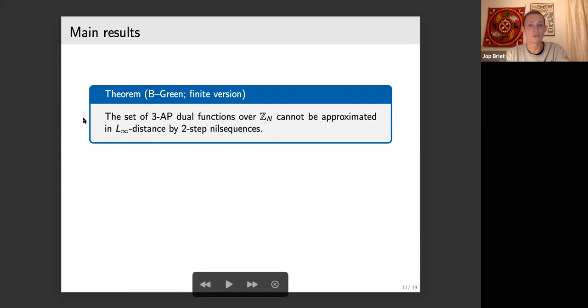The actual result is posed in an ergodic theoretic language, which is more or less an infinite setting, and I don't want to go into that in this talk. I try to keep things somewhat elementary here.